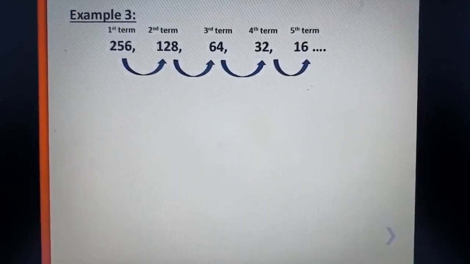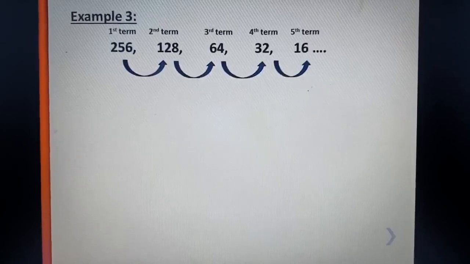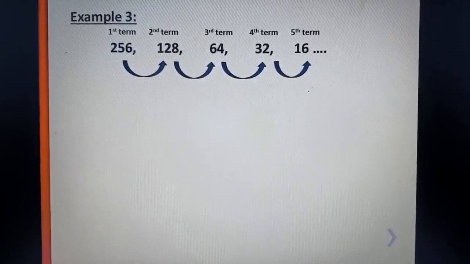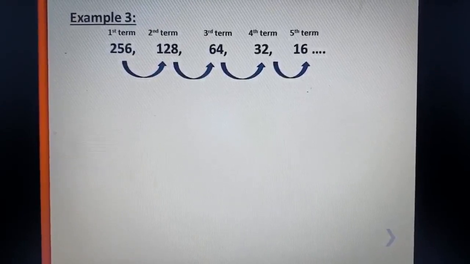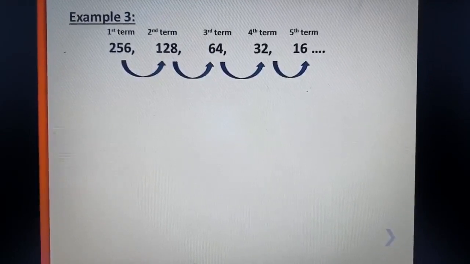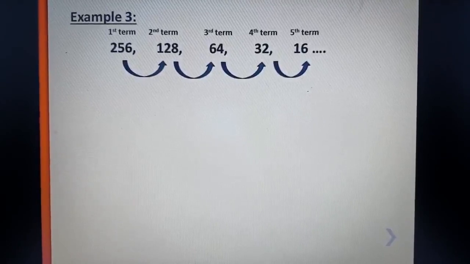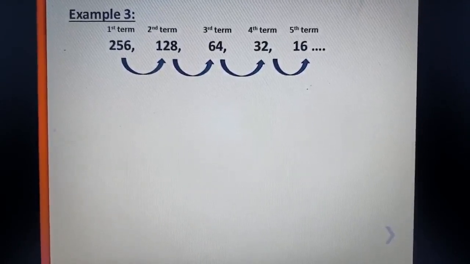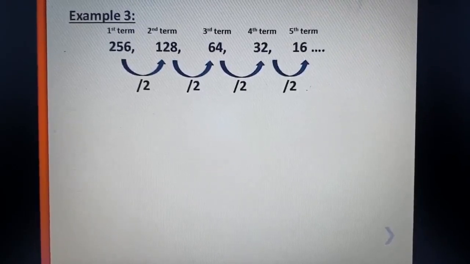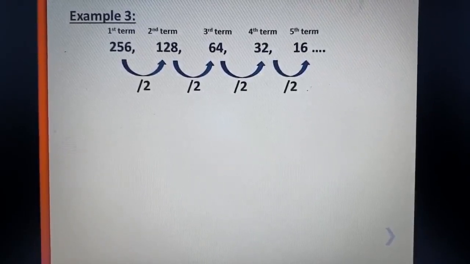So now just see again, 256, 128, 64, 32. By observation you can see that the number is changing by division with 2. It's just half, correct? So if you divide each term by 2, you will get the next term.